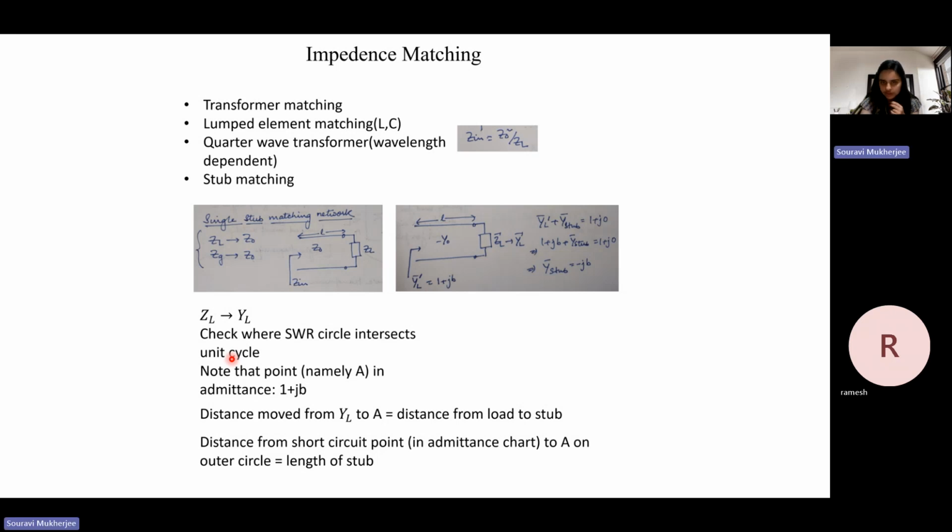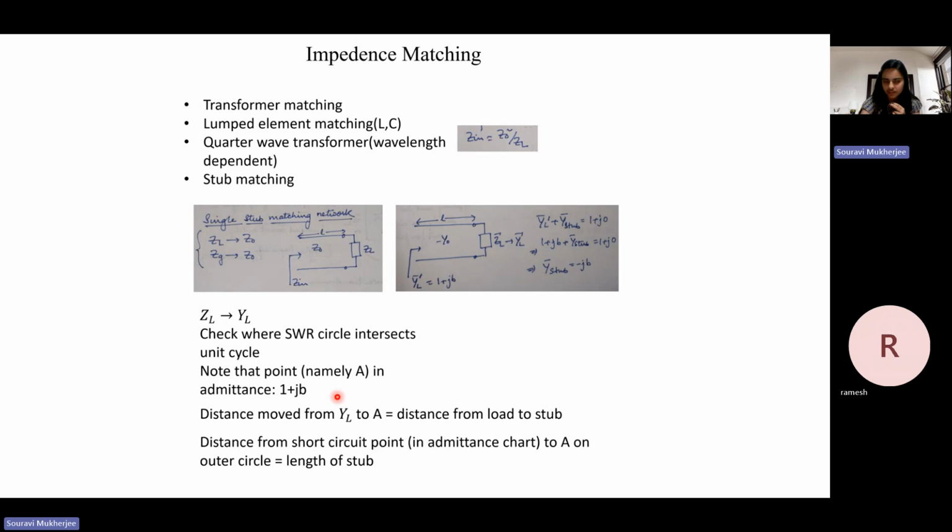Wherever it intersects the unit circle, your admittance takes the form of 1 plus jB. So at a distance L, which you can again find from the scale in the Smith chart, your new admittance has taken the form 1 plus jB. The same YL has now become YL prime. This is the length where you want to add your stub.